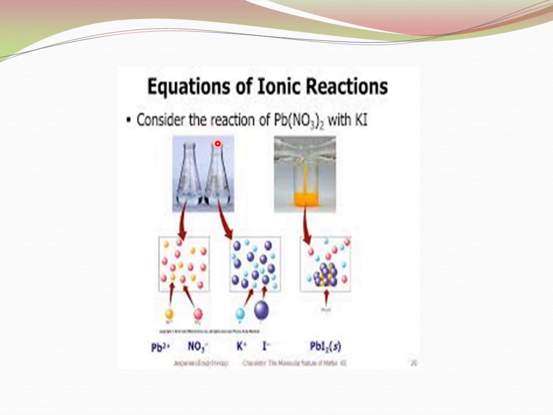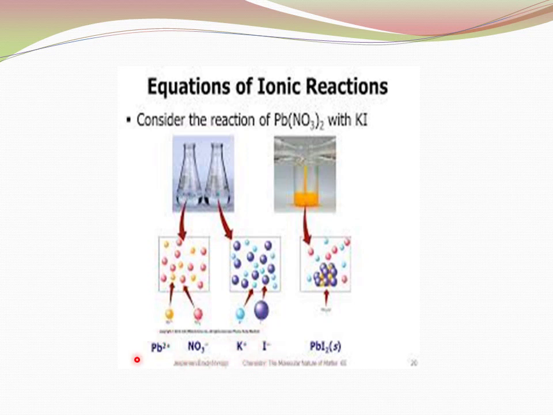Automatically, you will obtain a double replacement reaction. What does double replacement reaction mean again? Cations and anions in the reactants change partners in the products. So lead nitrate: the cation is lead and the anion is the nitrate ion. Here, potassium iodide: the cation is potassium and the anion is iodide.